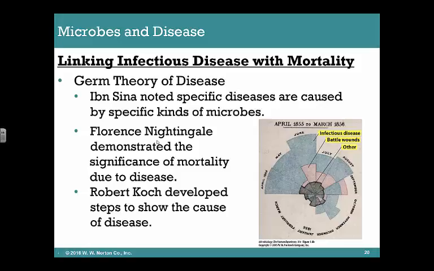Also, Florence Nightingale, a really influential figure in the field of nursing, was the first to write a nursing textbook and to establish a curriculum for training nurses, and also the first to really record the significance of death due to infectious disease.